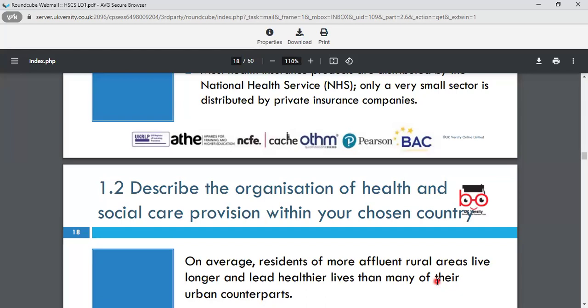Yeah, because in the rural area there's less pollution and less stress, and the environment is more green, and you get more unadulterated air, fresh fruits and everything in the rural area than in the urban area. Most of the food we eat is grown in the rural area.